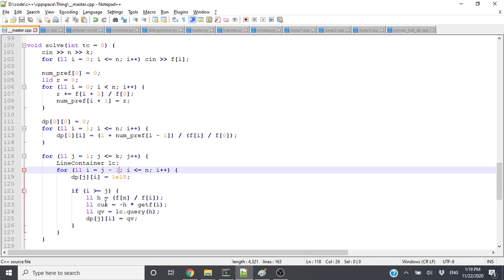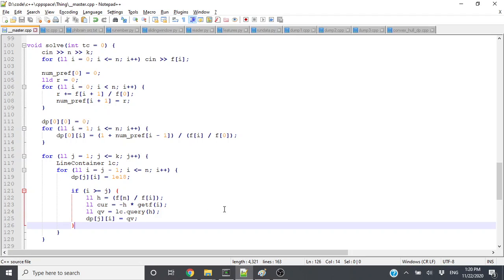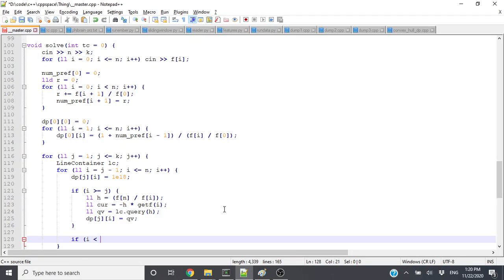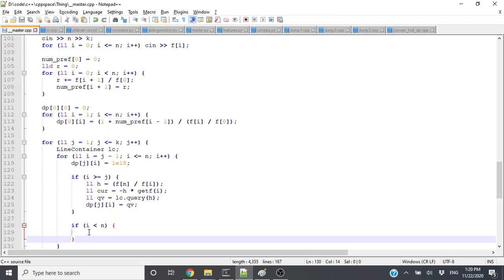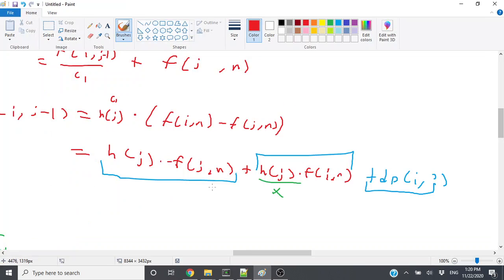That lets you put in the line. Yeah, okay. Now, if I is less than n, now we put in the line.